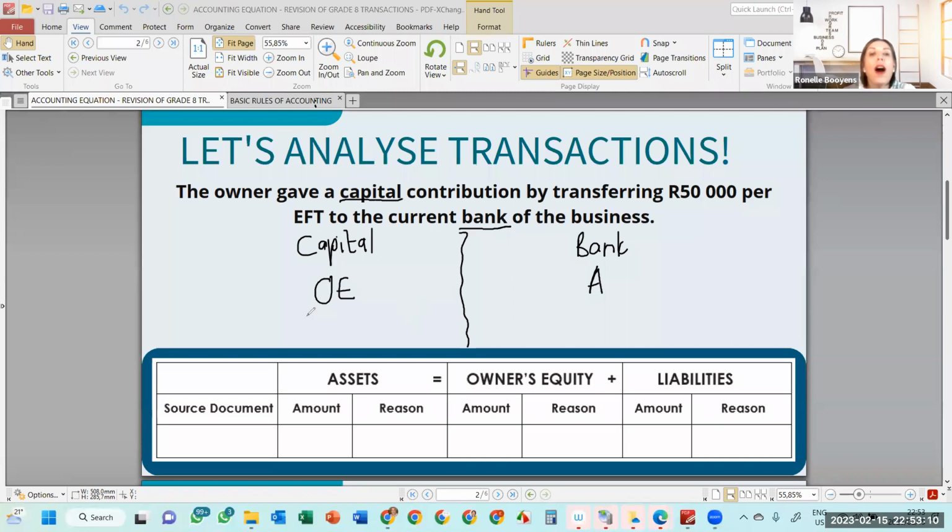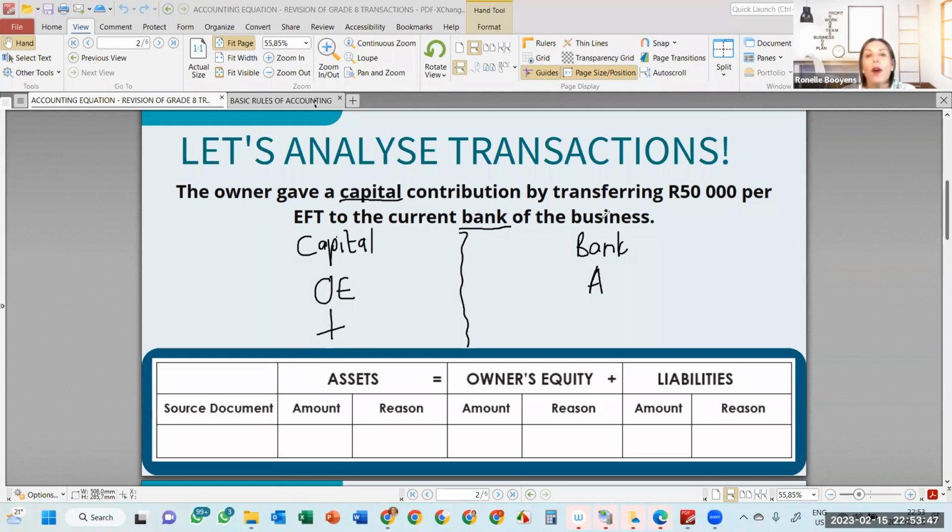Right, now, what happened to this account in the business's books? If the owner gives 50,000 Rand to the business, today he starts the business, right? Yesterday, there was no capital in this business. Today, the owner starts this business and gives 50,000 Rand of his money to the business. Do you agree that the capital in the business, the owner's capital contribution in his own business, has increased because he gave the 50,000 Rand to the business?